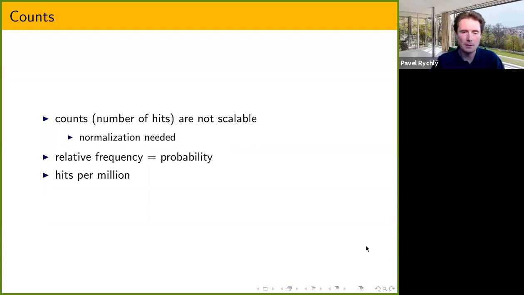So this is quite useful in many situations. But for, say, displaying some numbers to lexicographers or to humans, usually we don't use probabilities because probabilities are very small numbers. So we use something like hits per million, which also has quite a good interpretation. So we understand what it means.